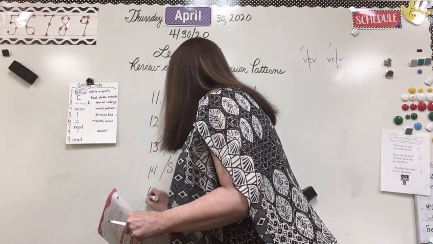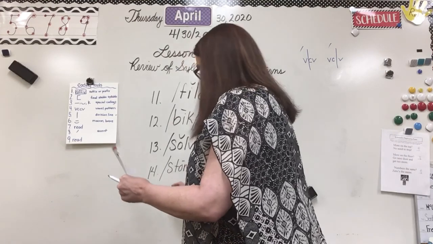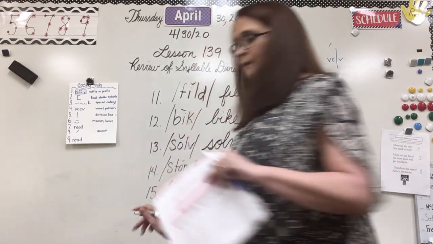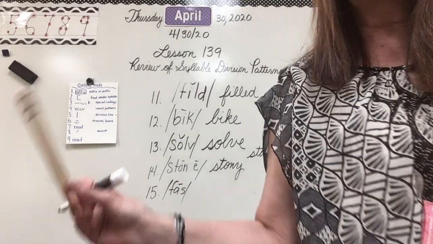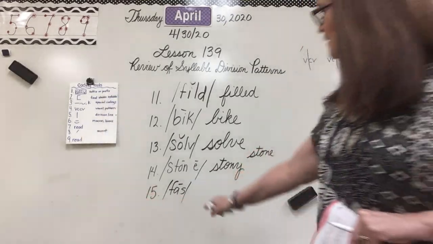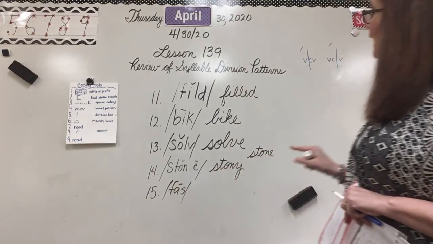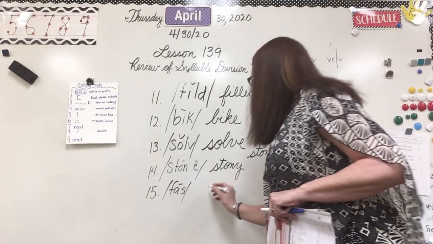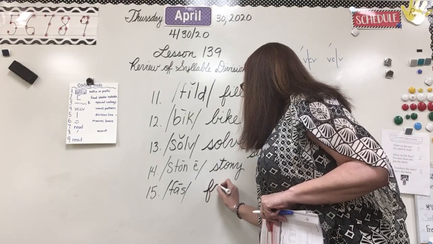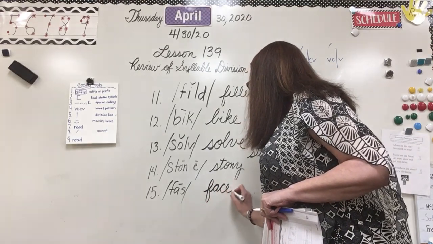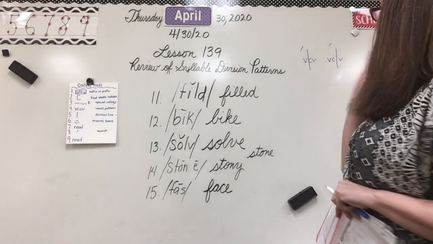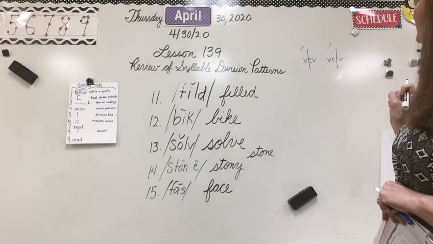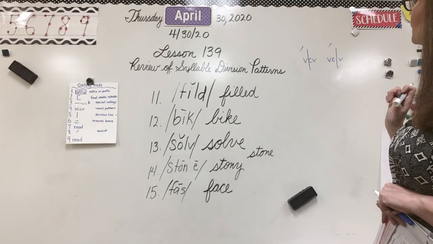All right, and number 15. How do we say this word, Brianna? Face. How do we spell face? F-A-C-E. We've got cedilla C there. Good job. That would be a final S spelling rule.